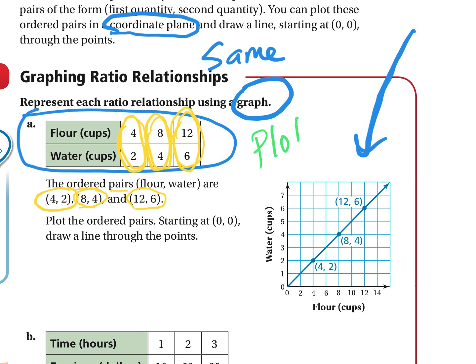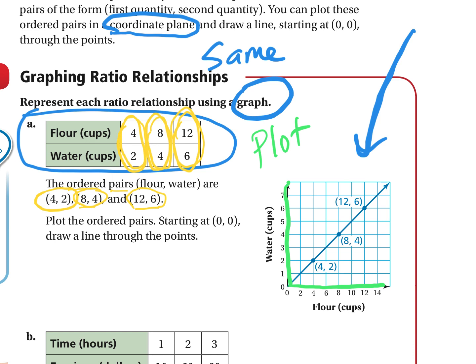Plotted means to take the information and insert it as a point, just like that, onto your graph or your coordinate plane. The first thing we need to do is create the graph. When we create a graph or coordinate plane, we have this vertical line, which we call our y-axis, and this horizontal line, which we call our x-axis.